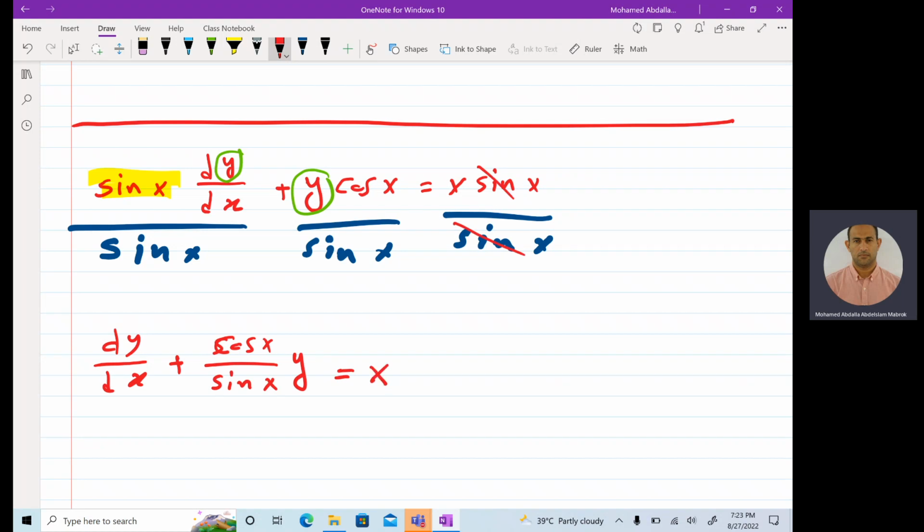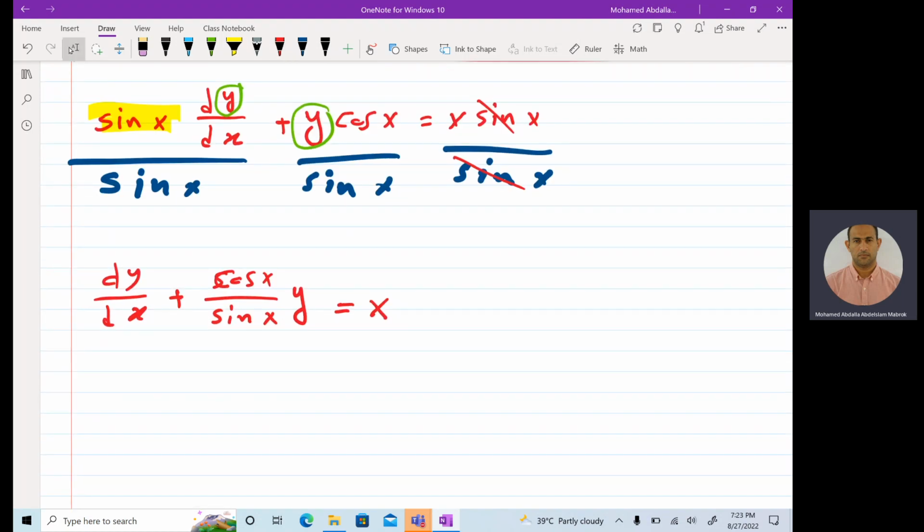So this is a very simple linear first order differential equation. This is our p of x. This is our q of x.